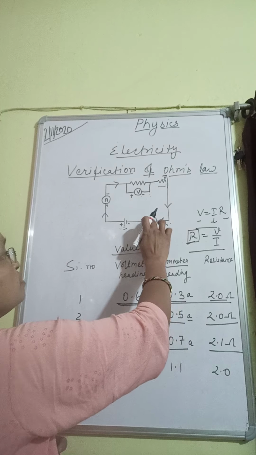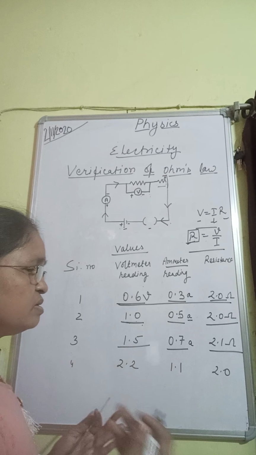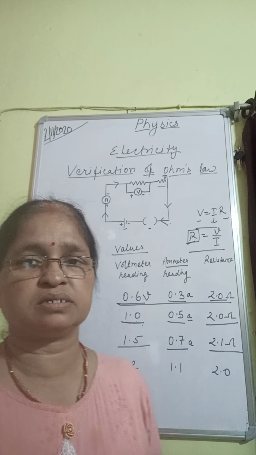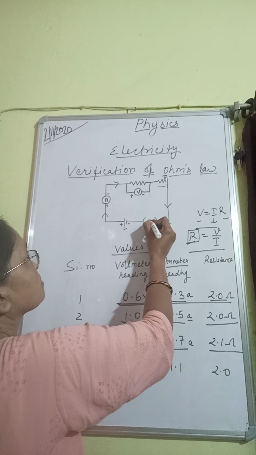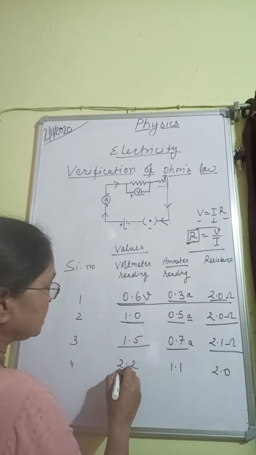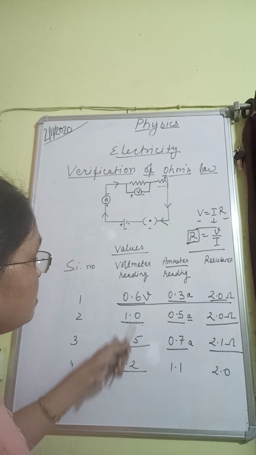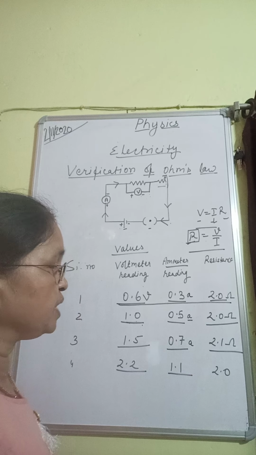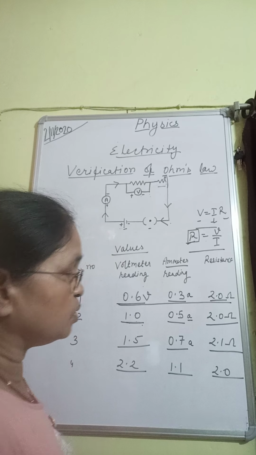Again plug out. Take 30 seconds, 40 seconds or 1 minute. It will be okay. Plug in. Current starts flowing. Suppose here I have taken 2.2 volt. Current we have got is 1.1 ampere and again resistance we have got 2 ohm.